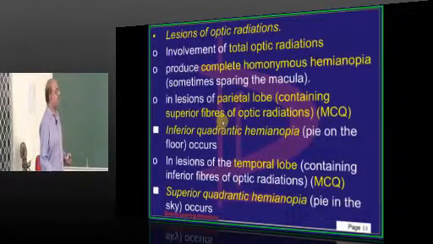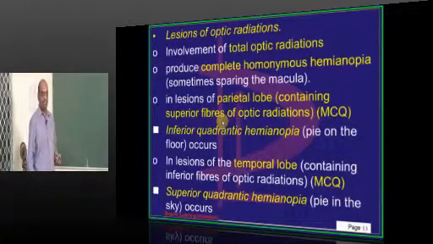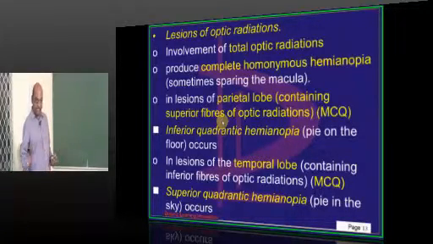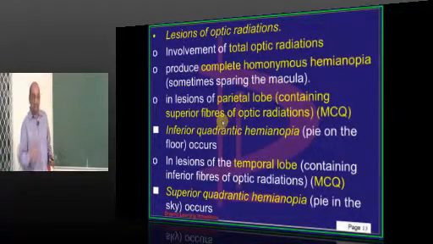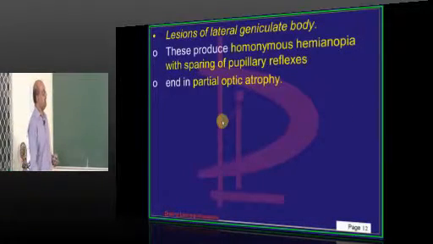Complete homonymous hemianopia. Sometimes it can be macular sparing. If the parietal lobe is involved, superior fibers are affected and you get inferior quadrant anopsia. There is a confusion here. Then if the temporal lobe is involved, we get a superior quadrantic hemianopsia because the inferior fibers of the radiation got involved.